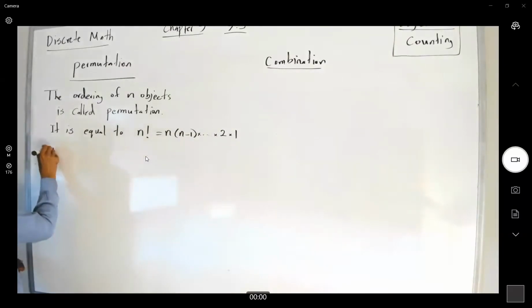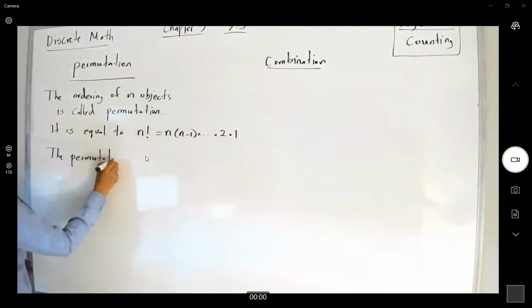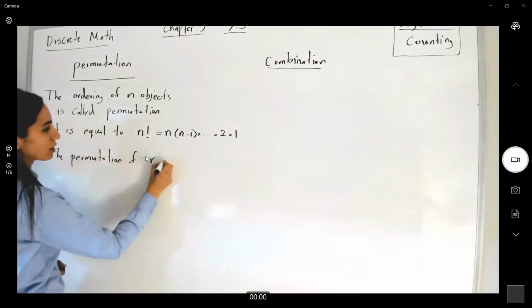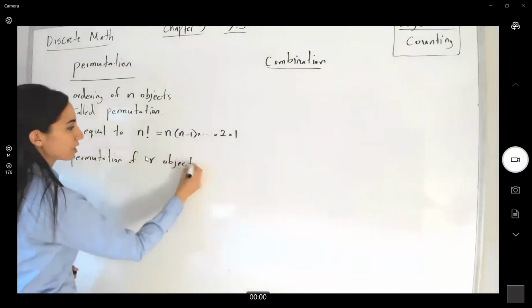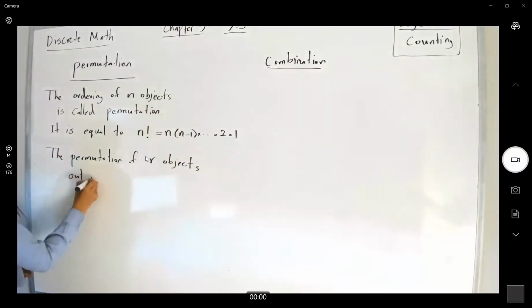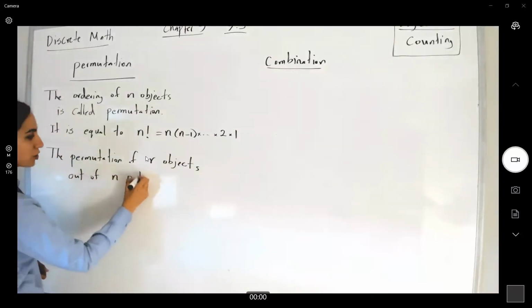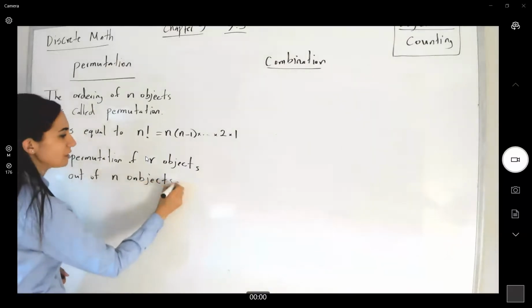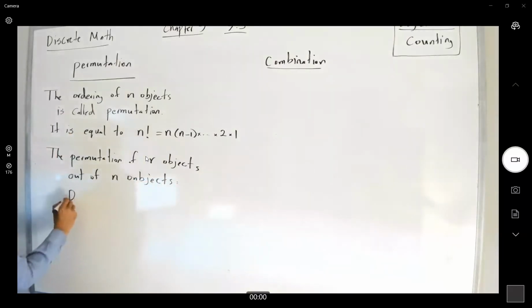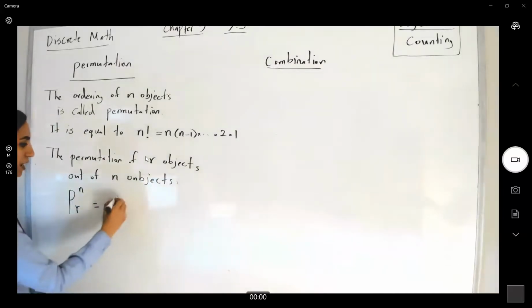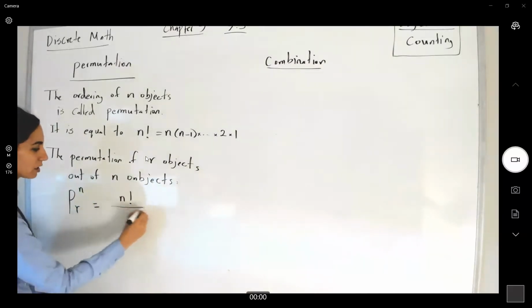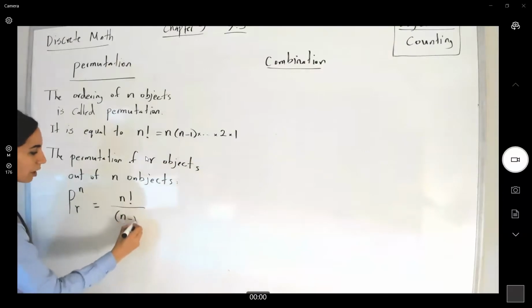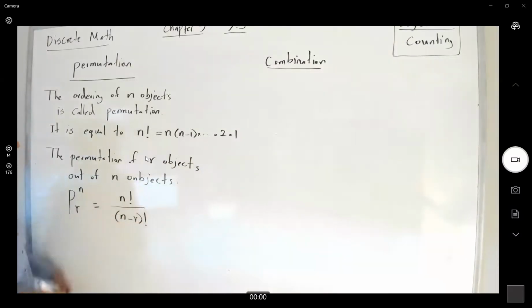So the permutation of r objects out of n objects is denoted by P of r objects out of n objects, which is equal to n factorial divided by n minus r factorial. Okay, there you go.